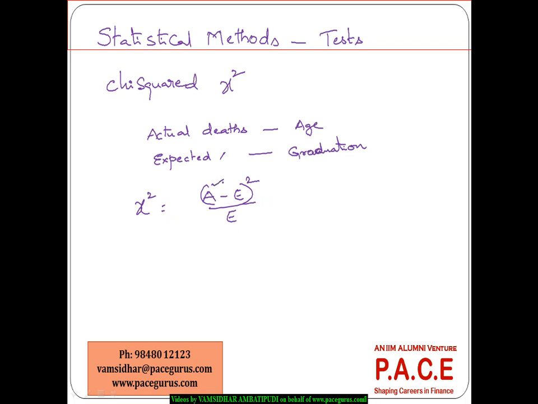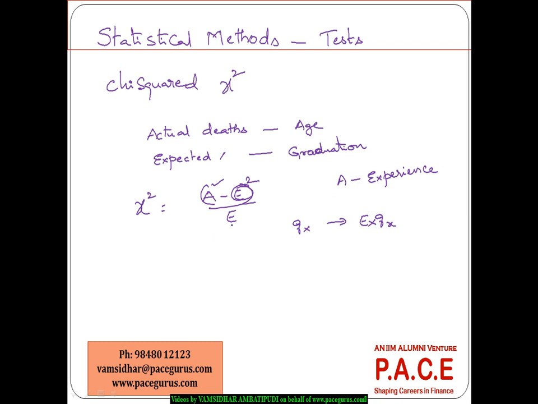The actual directly comes based on the experience or the observations. Whereas when I am talking of the expected, depending on the method that I am using, in case I am going with qx, I get the expected as the initial exposed to risk multiplied by qx, and that is what comes out as the expected value.